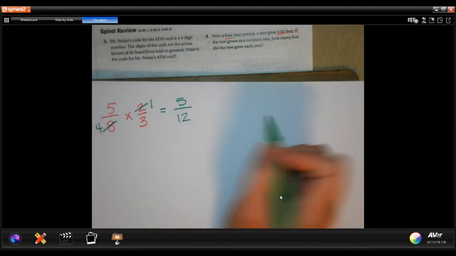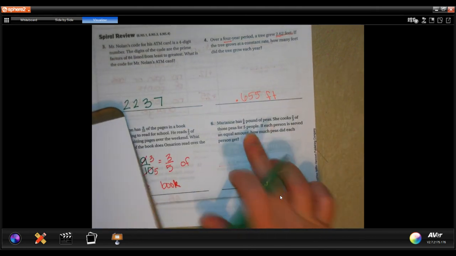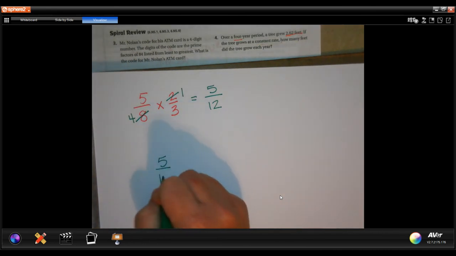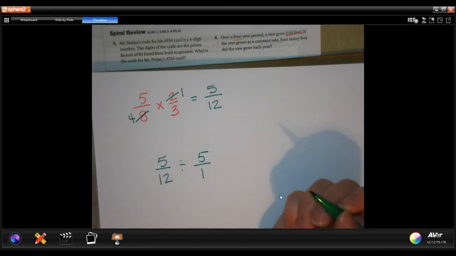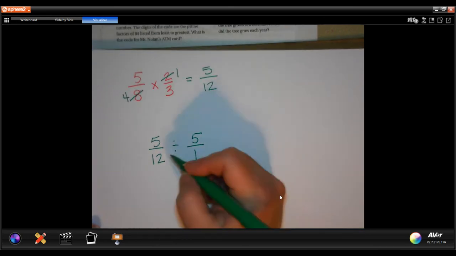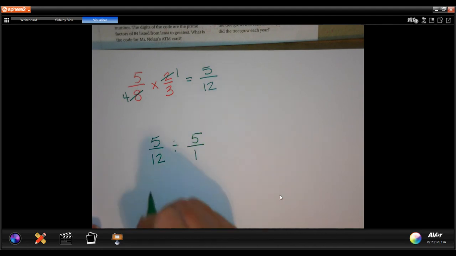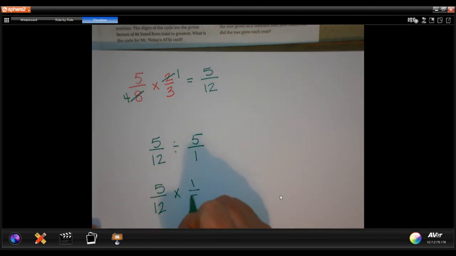5/12. But she then splits that up between 5 people. So 5/12 divided by 5. Well, 5 is not a fraction, so we're going to put it over 1. Now when we are dividing fractions, we're going to keep, change our sign, and flip.